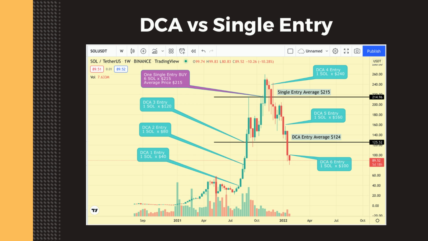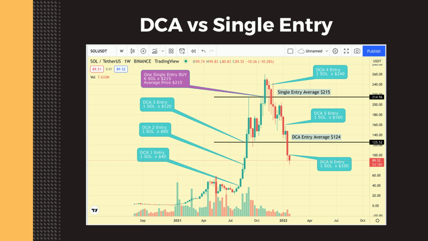Whilst using dollar cost average strategy and buying Solana at different price levels, at lower levels and even at all-time high levels, he managed to lower his entry price, and his average price was $124 compared to investor one that bought Solana all in at once with average price $215.